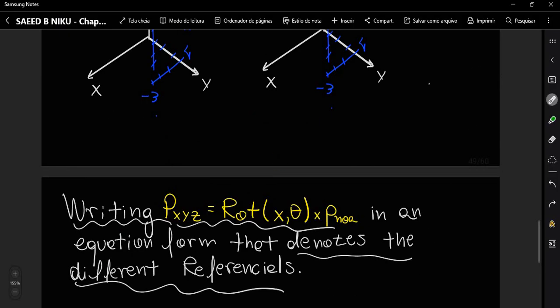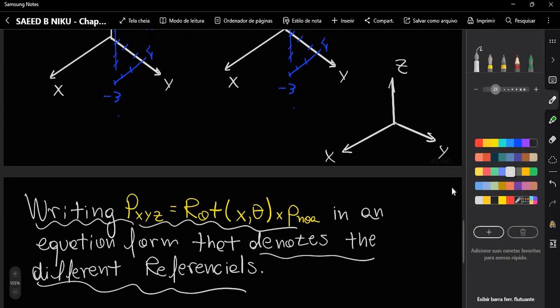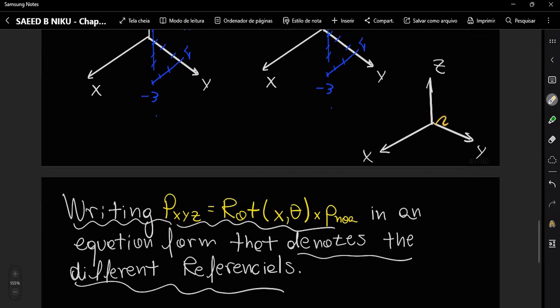So this is what we have been doing all this time, and that is the fixed reference system, and we fix this rotative reference system on the origin of this one and OA.